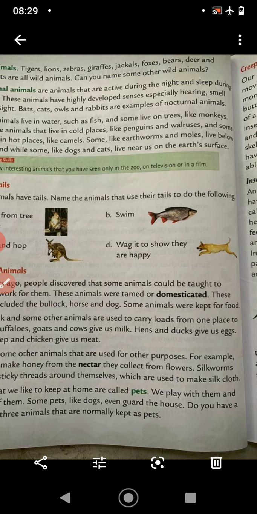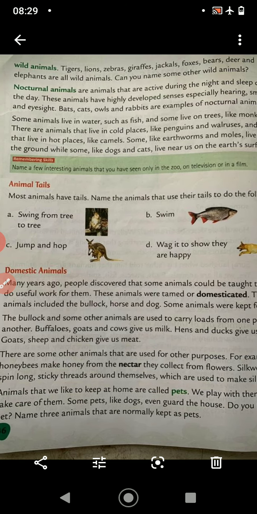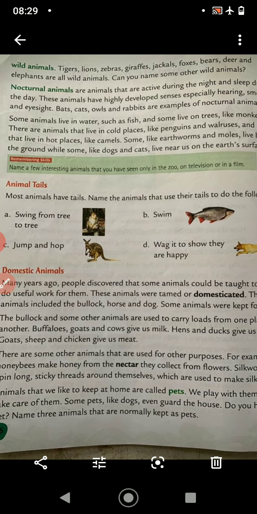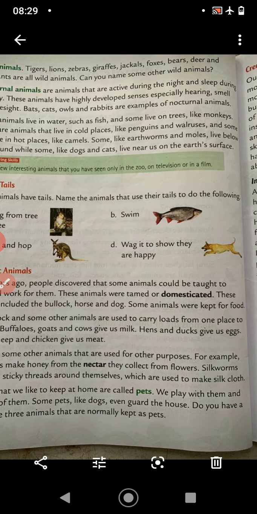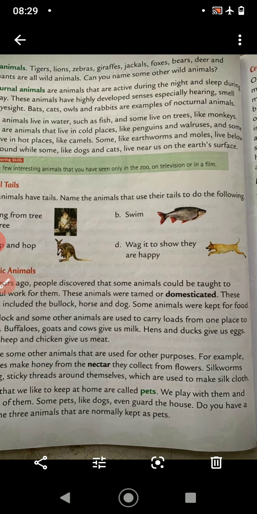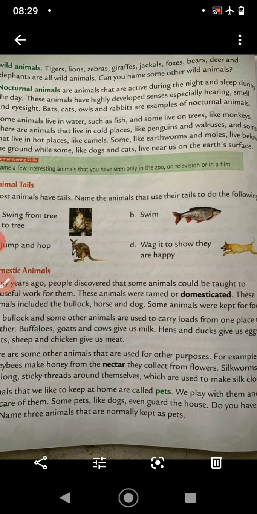Animals who live in cold places, you know their names. Some animals live in hot places, and some live under the ground. And animals who live above the ground, around us, near us, like pet animals, you see them every day. They are the animals who live on the surface around us.